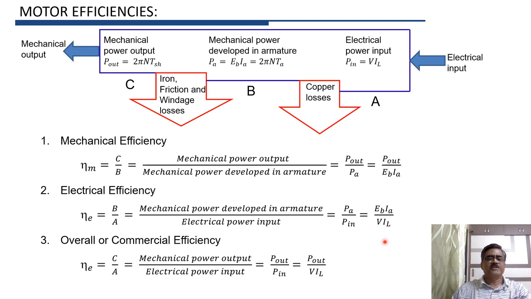And third efficiency is overall or commercial efficiency. So it is the ratio of output power to input power, that is the ratio of C to A, and therefore it is equal to mechanical power output divided by electrical power input, that is P out divided by P in. So which is equal to P out upon V into IL.